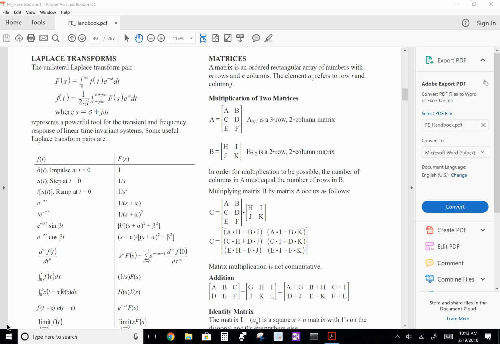So if we go to the FE handbook here, we have a list of Laplace transforms. This is page 34. And here we are given the Laplace transform of the unit step function at t equal to 0, and it's equal to 1 over s. So we're going to write that down on the next page.